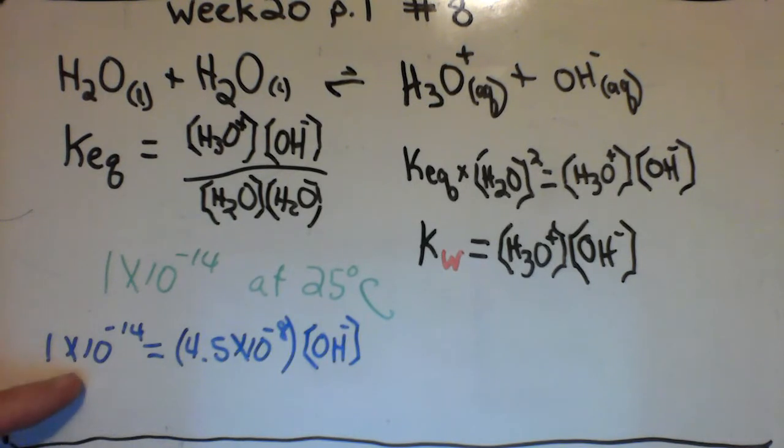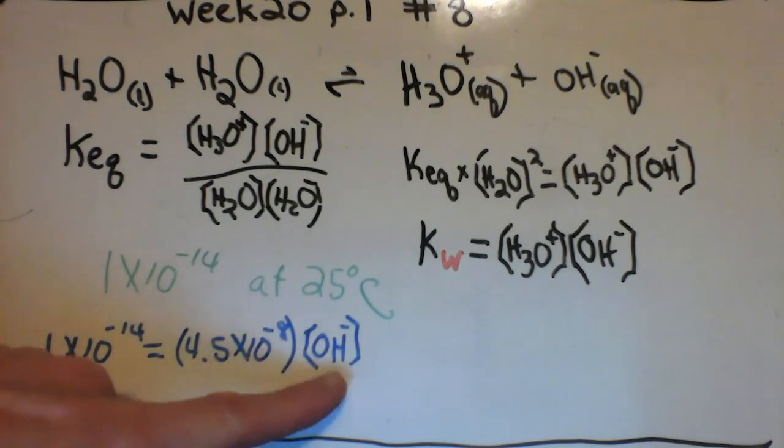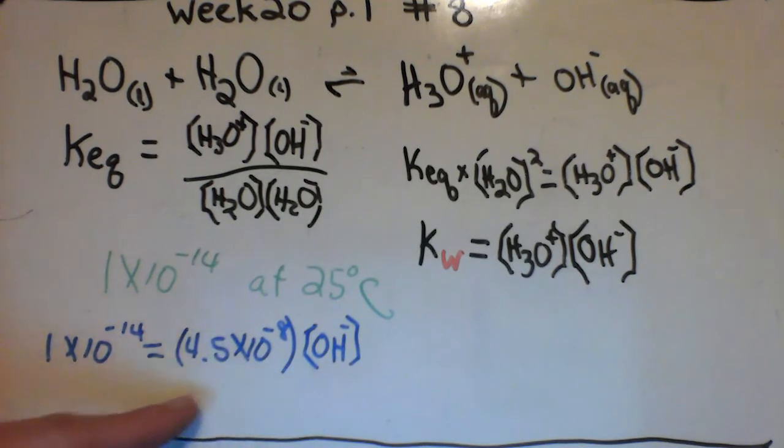Here I've replaced the ion product constant for water with 1 times 10 to the negative 14th. This is the concentration of hydronium. We have yet to find out the concentration of hydroxide. In order to get hydroxide by itself, we're going to divide both sides by 4.5 times 10 to the negative 8th.